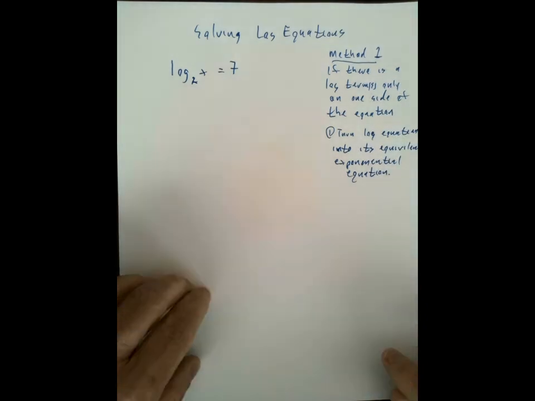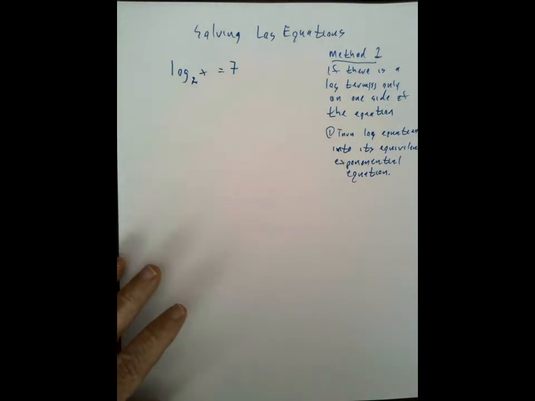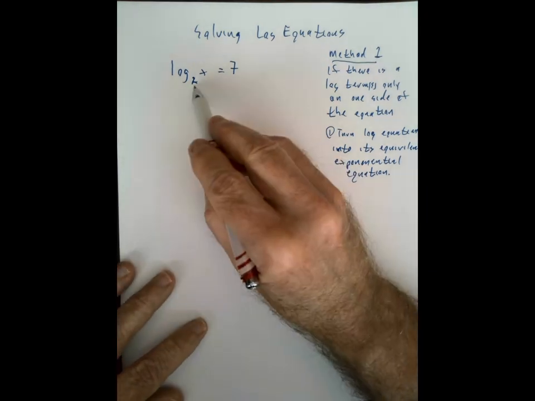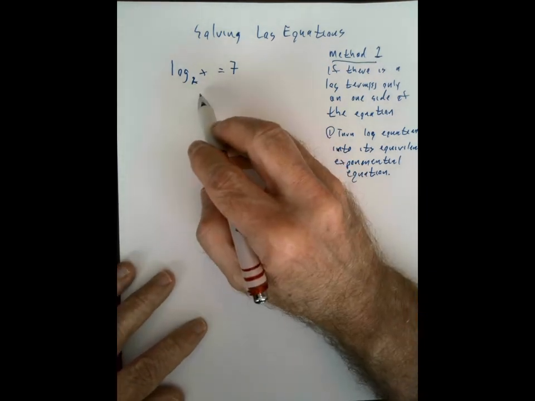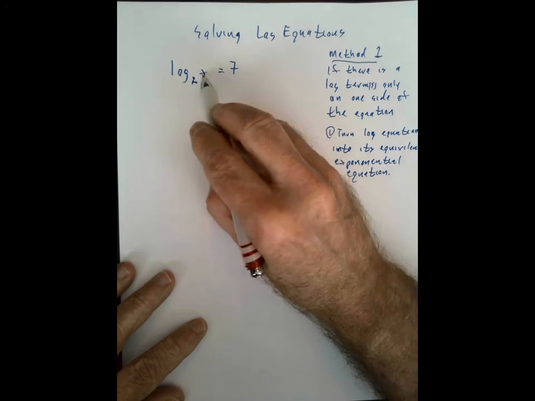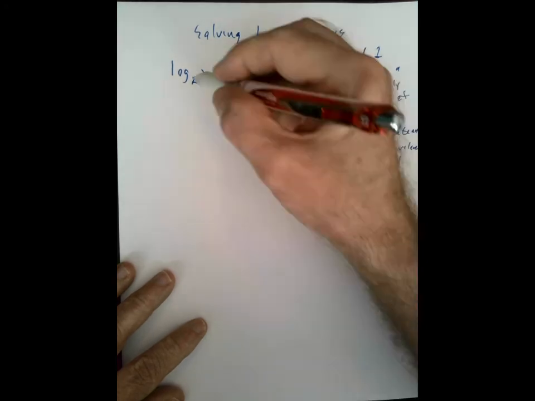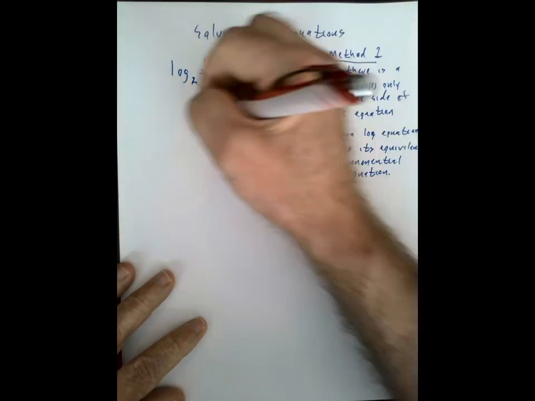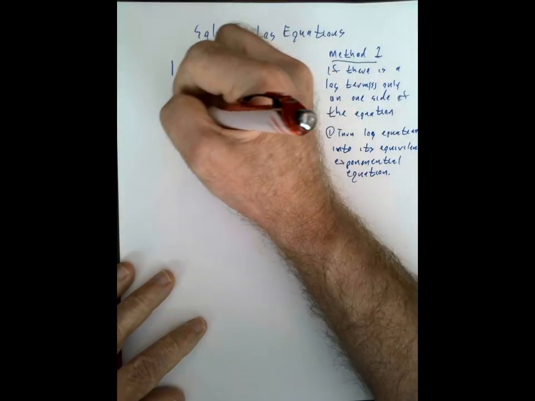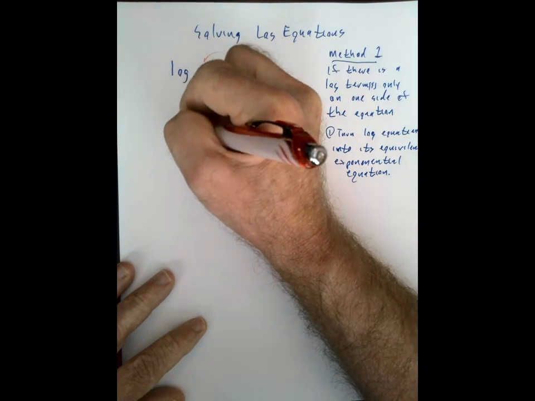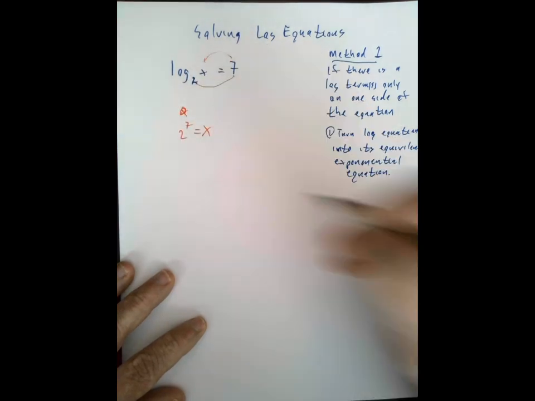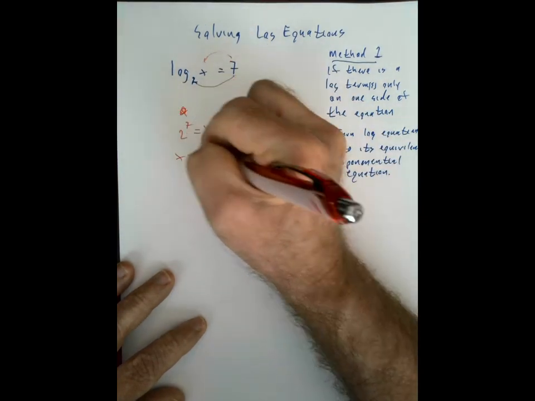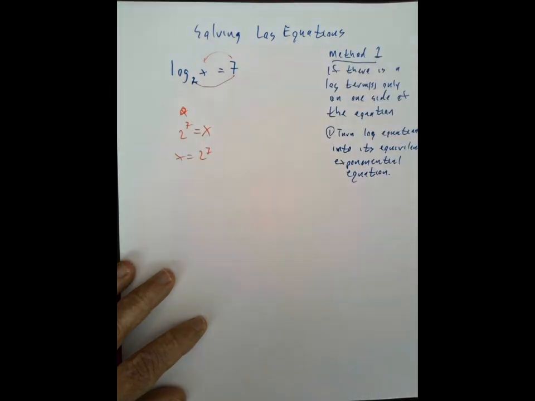Okay, so that means, using my red here, I'm going to take this 2. If, 2 to the 7 is equal to x, right? So this goes here, and that goes to there, right? So we would say 2 to the 7 power is equal to x, or x is equal to 2 to the 7, right?